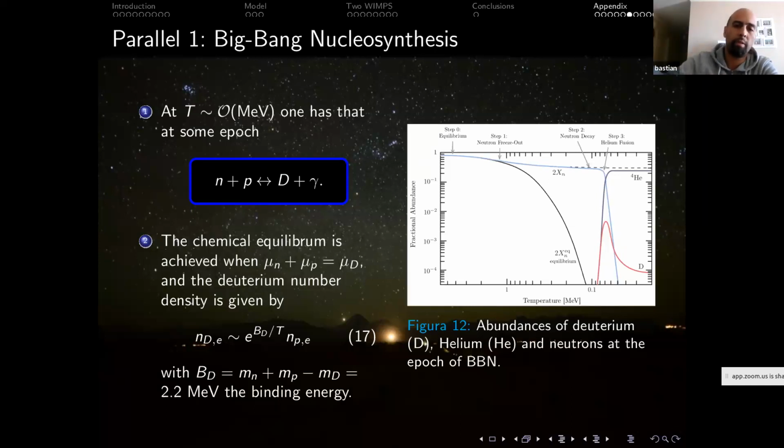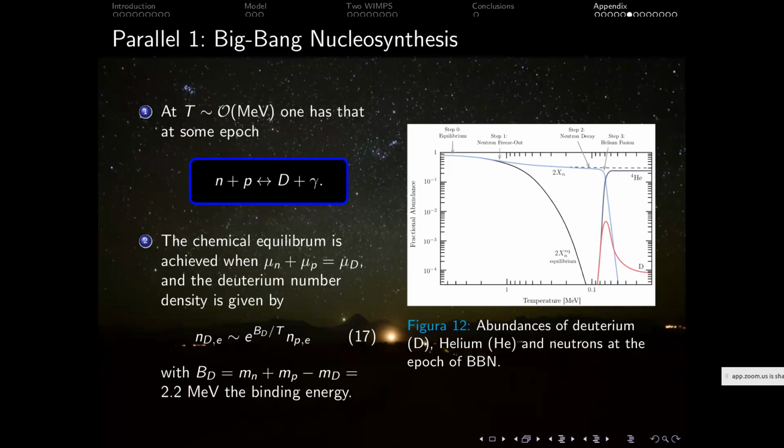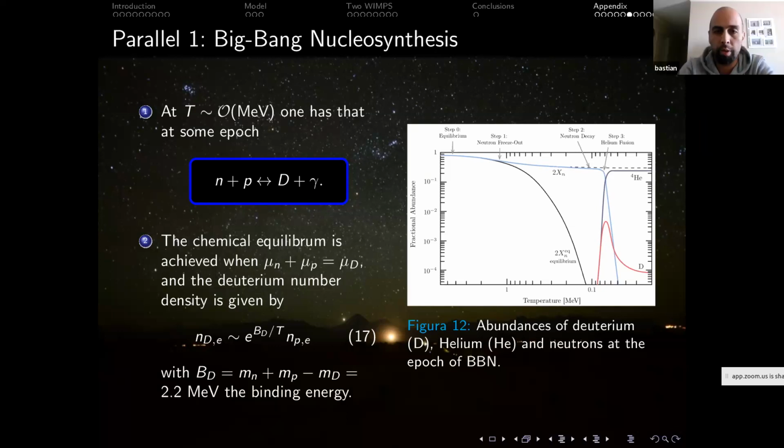Of course, the physics behind this is much more complex, because at some moment the neutrons start to decay, and you have helium 4 starting to be created as well. But the parallel is that at some moment the deuterium abundance was 0, but at some moment it started to increase.